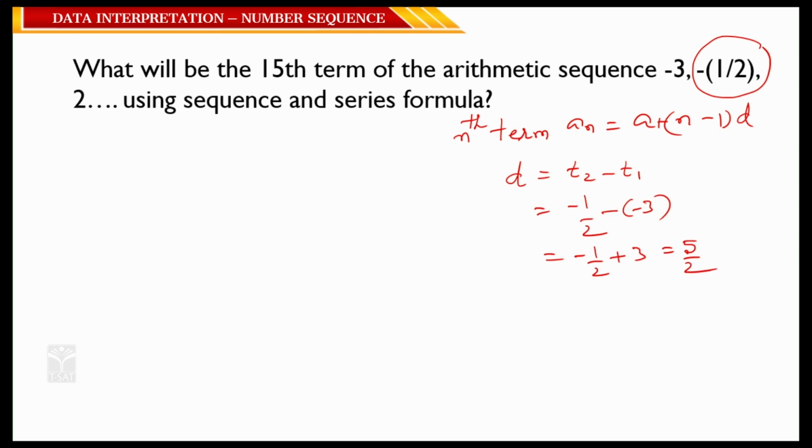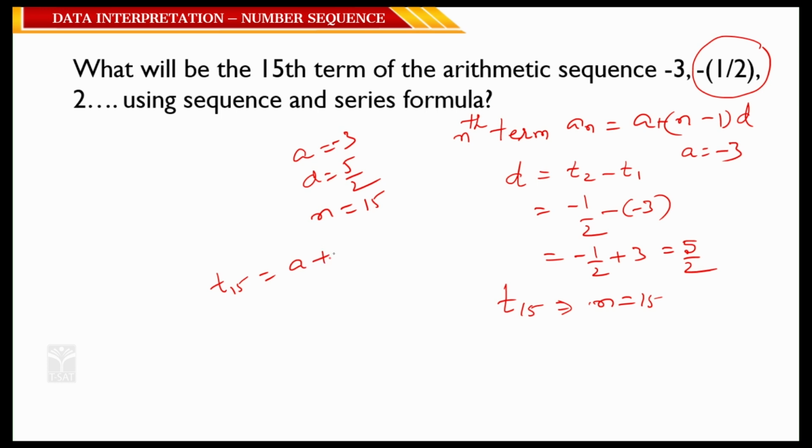Okay. So, we know the value of a, that is -3, and we know d is 5/2. What is required here? The 15th term, t15, is required, so n is equal to 15. We know all the information for the required formula: a is -3, d is 5/2, n is 15, and T15 equals a plus (n minus 1) d.